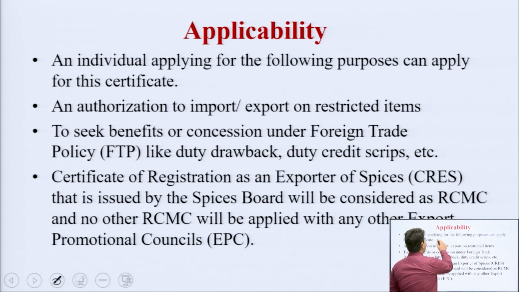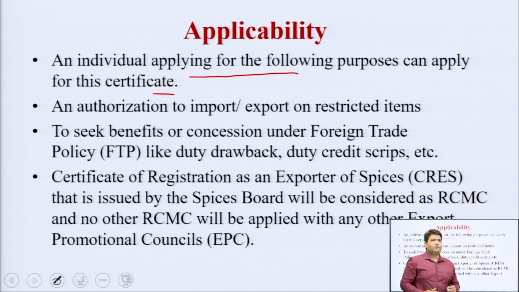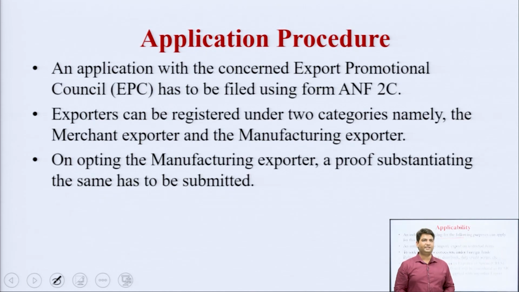Now, let's move on to the applicability. An individual applying for the following purpose can apply for this certificate. An authorization to export or import restricted items, to seek benefits or concession under Foreign Trade Policy, FTP, like duty drawback, duty credit scrips, etc. Certificate of Registration as an Exporter of Spices, CRES, that is issued by the Spices Board, will be considered as RCMC and no other RCMC will be applied with any other Export Promotion Councils, that is EPC.